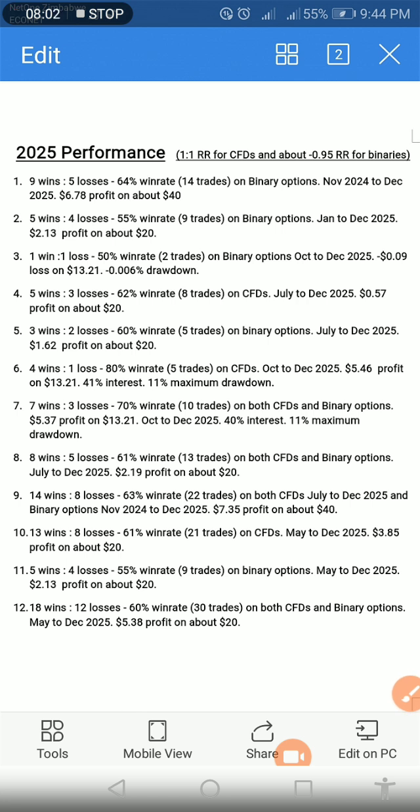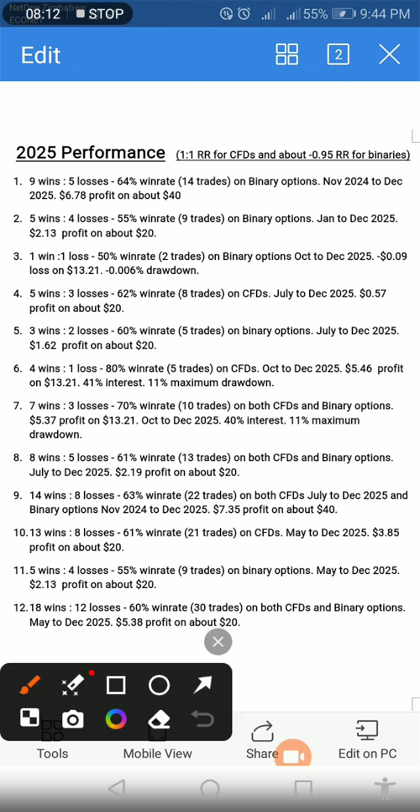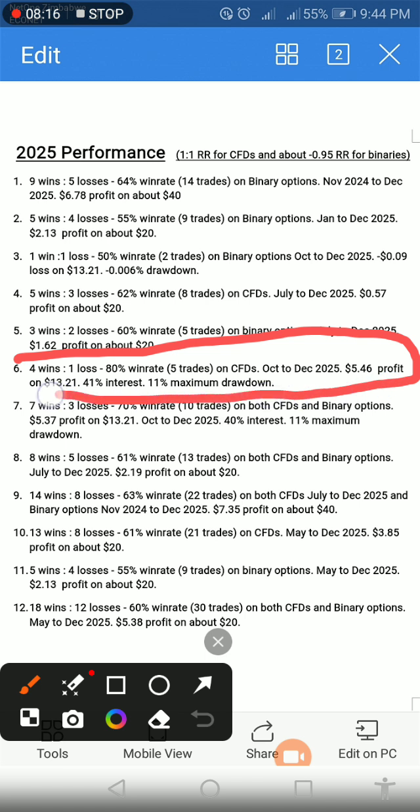Then that sentiment which I introduced in July, from October to present, I now use it on many time frames. So you can see that on my CFDs for October to December, there's an 80% win rate on only 5 trades with 41% interest and 11% maximum drawdown.